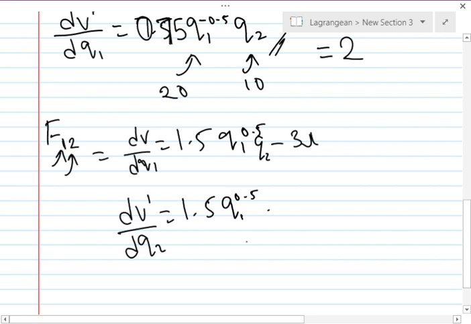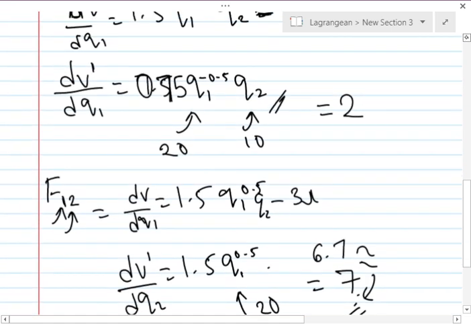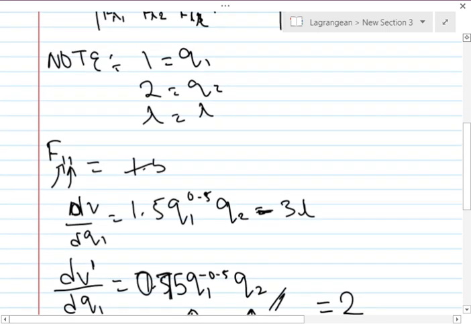So when we impute Q1 as 20, 20 raised to power 0.5, the answer times 1.5. It's actually a decimal, 6.7, but if you approximate it, you have 7, and you now put it in your Hessian determinant box.